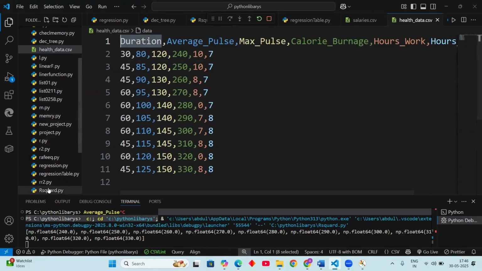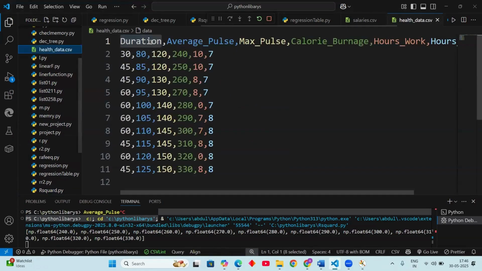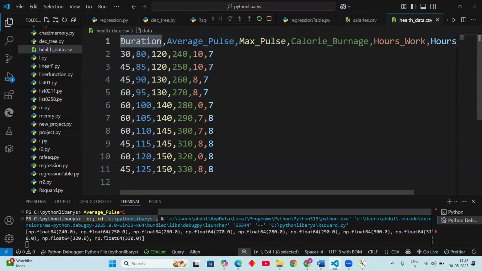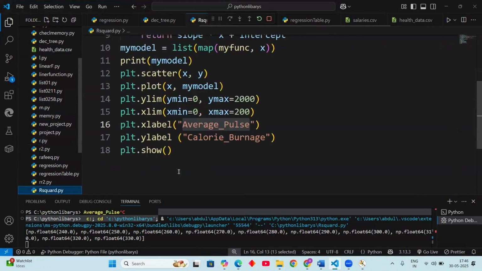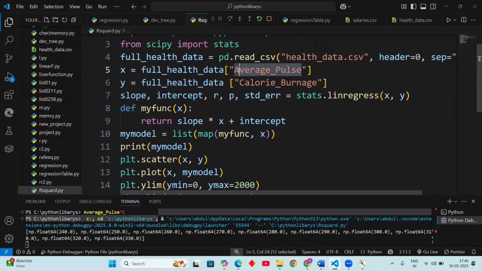From duration, I am changing my X value instead of average pulse. Okay, now I'm changing my duration and my X value both here.